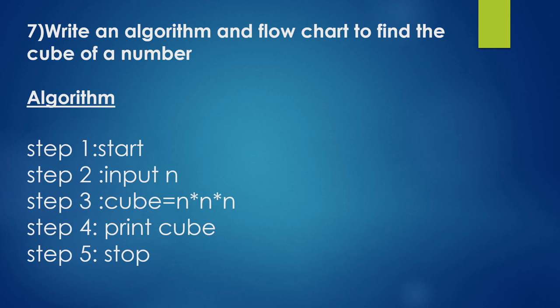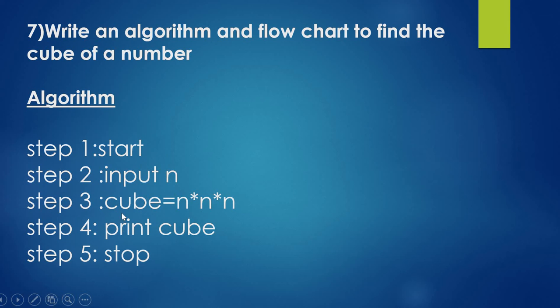Three times we need to multiply that number. That is 2 into 2 into 2, that is 8. 3 cube means 3 into 3 into 3. That is 27.